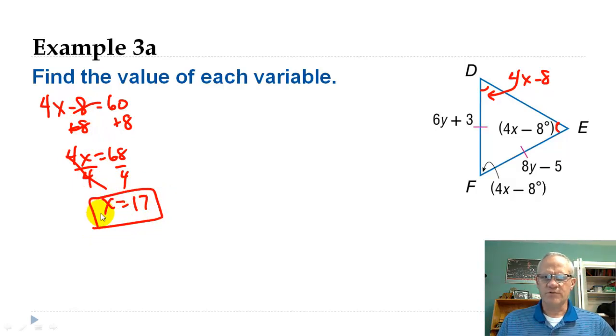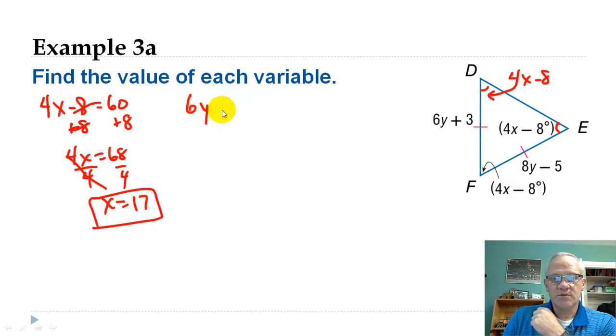Okay, following that? All right, we still have a y in here that we have to figure out as well. Well, how could we figure that out? Okay, what do you think? Kind of think through that. Notice that the 6y plus 3 is marked as being congruent to 8y minus 5. So, if they're congruent, then 6y plus 3 needs to equal 8y minus 5.